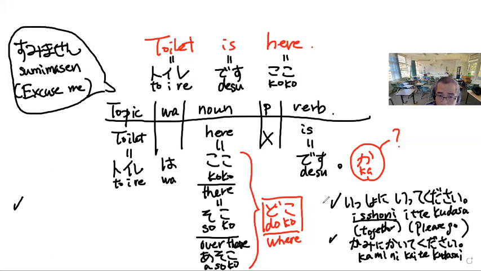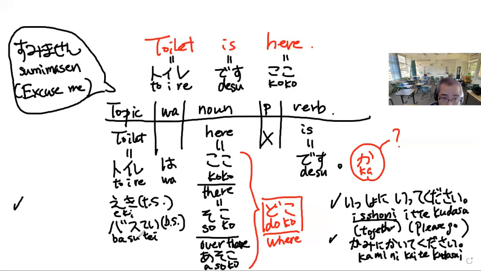For example, how do you say, where is the train station? You can say 駅。駅 means train station. 駅はどこですか？If you want to say bus stop, you can say バス停。バス停 means bus stop. バス停はどこですか？Then if you want to say where's the taxi station?